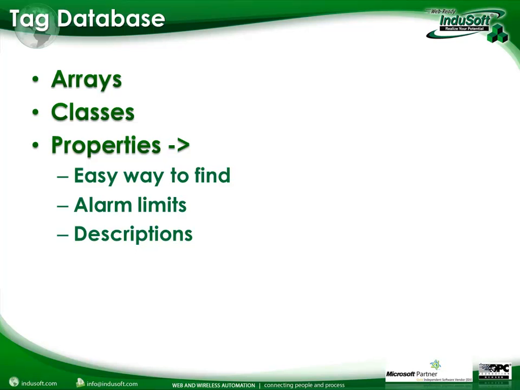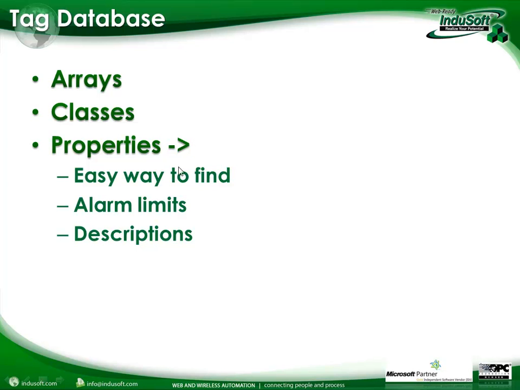So let's say, for example, you needed 90 different tags, which might be 30 groups of 3. It might be easier to create a class with three elements, or 3 members, and then create an array of 30 of those, and then very quickly you have all of those tags created.